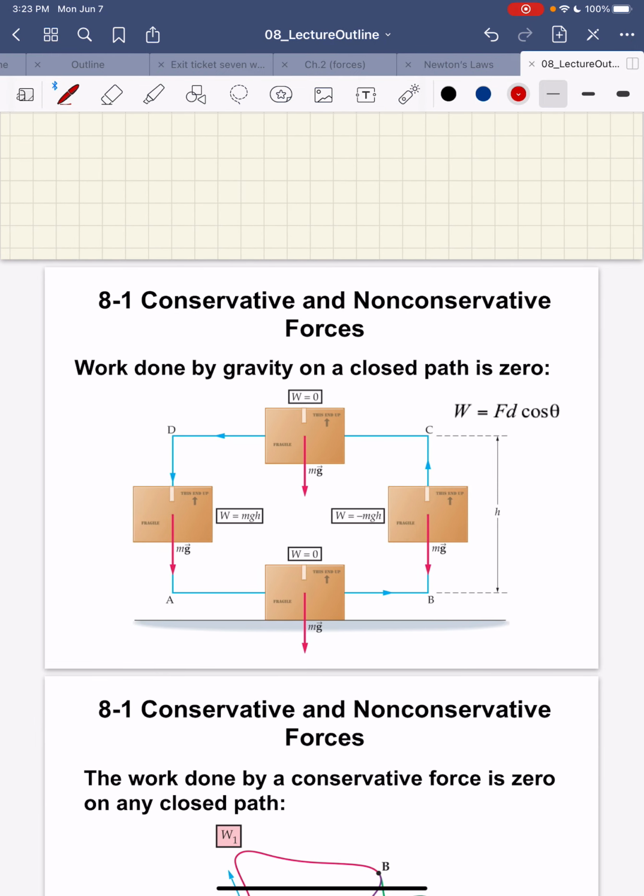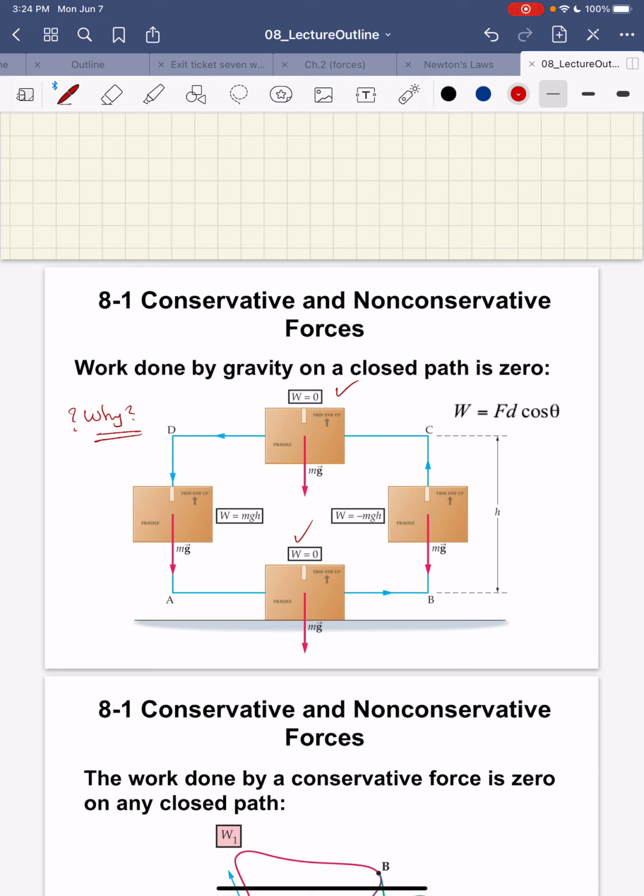These slides explain that the work done by gravity on a closed path is zero. I am bringing my object from A to D, then from D to C, from C to B, and from B to A. Remember, the work done is zero here. Why? Just ask yourself why, and if you don't know, you have to ask me.